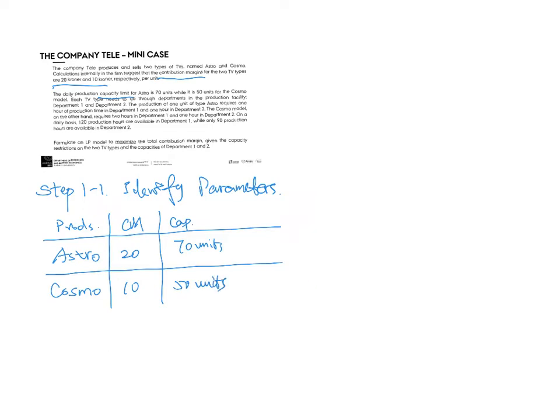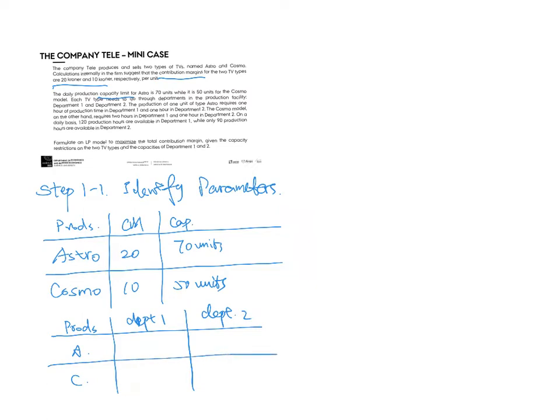Furthermore, the company or the factory produces the two items through two departments. For the production process, we can use another table to put it down. So we have products A and C, and we have department 1 and department 2.